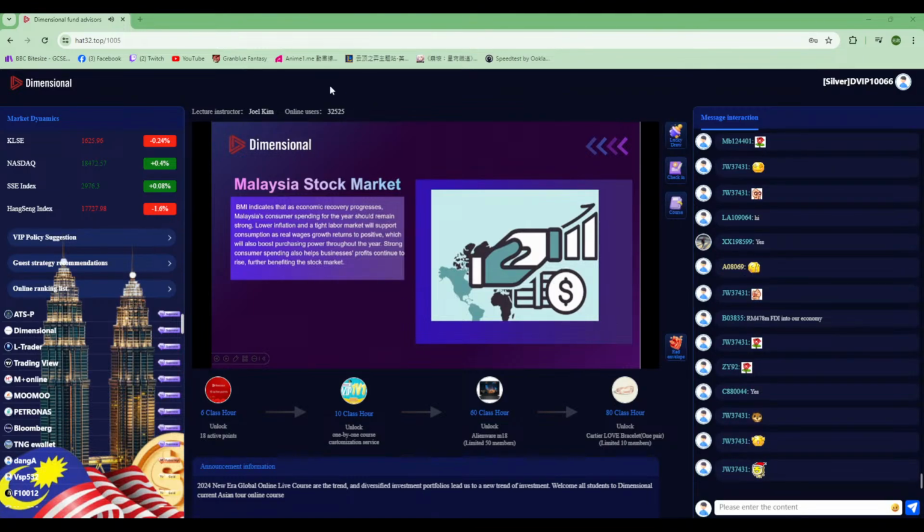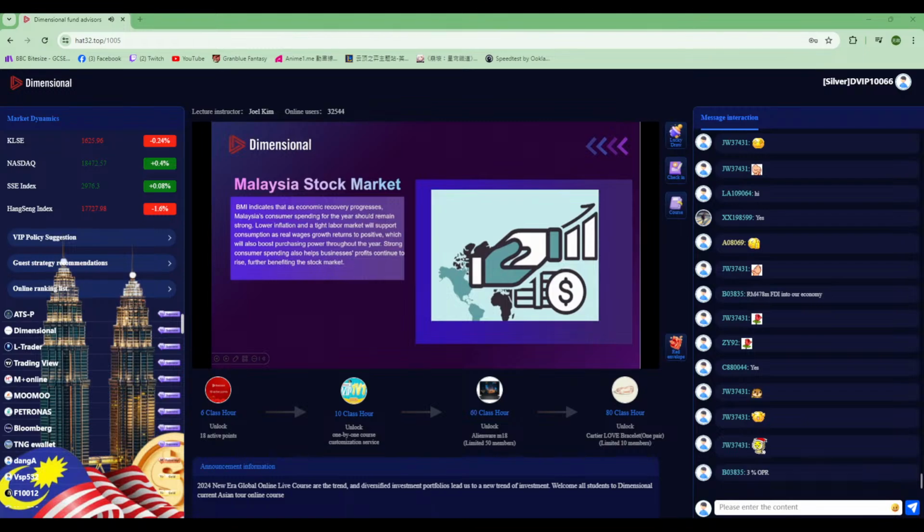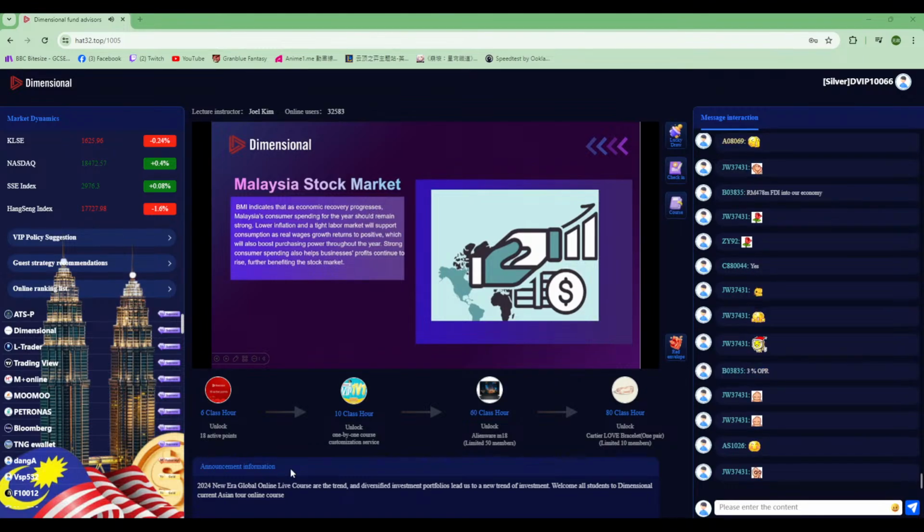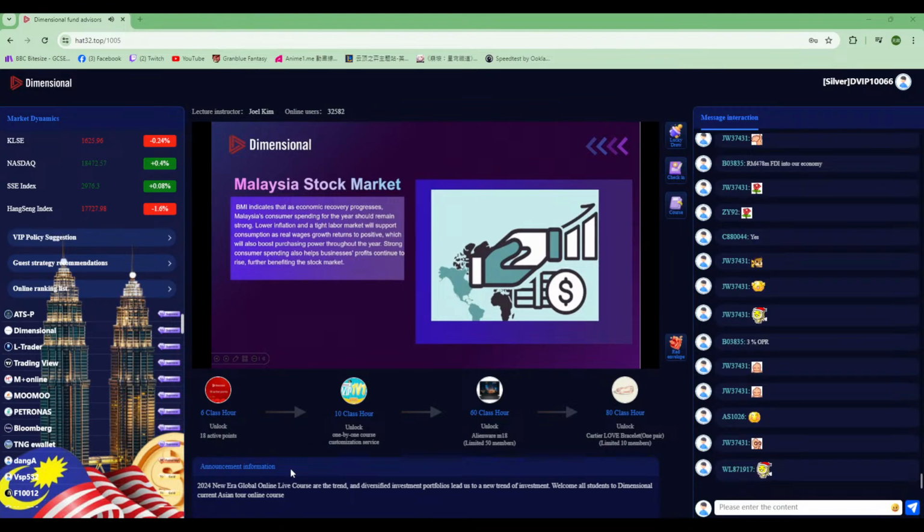And BMI also indicates that as economic recovery progresses, Malaysia consumer spending for the year should remain strong. Now, real inflation and a tight labor market will support consumption as real wage growth returns to positive, which will also boost the purchasing power throughout the full year.